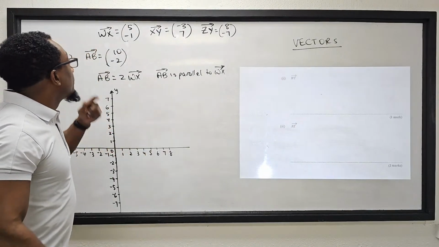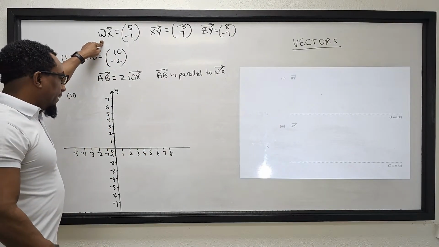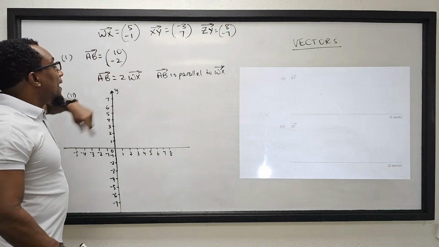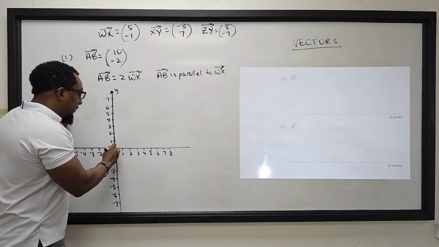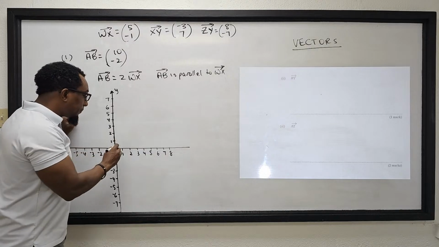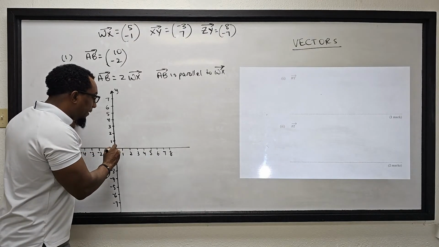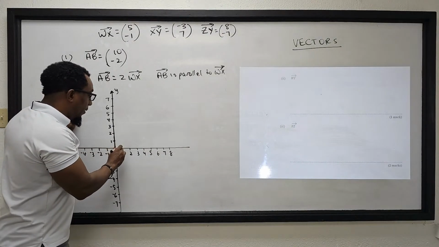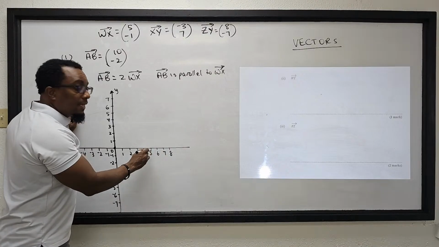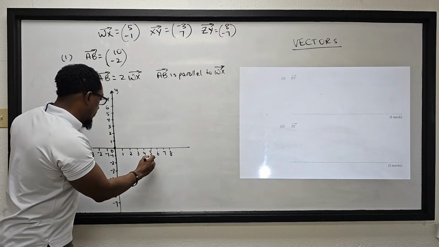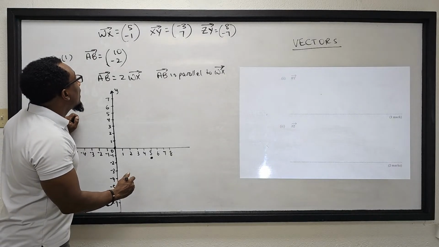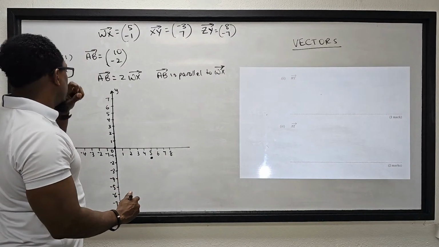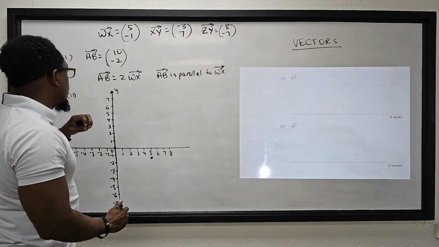So Wx is 5, negative 1. 5 is x, negative 1 is y, from the origin, that's why it's a position vector. You're moving 5 to the right because it's positive, 1, 2, 3, 4, 5, and negative 1 means you're moving 1 downwards.